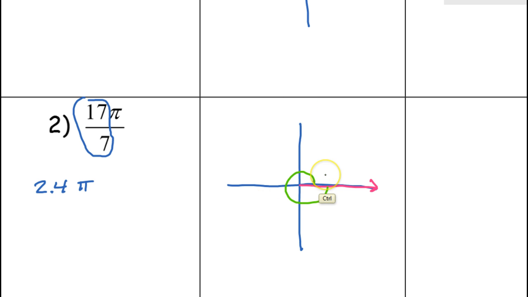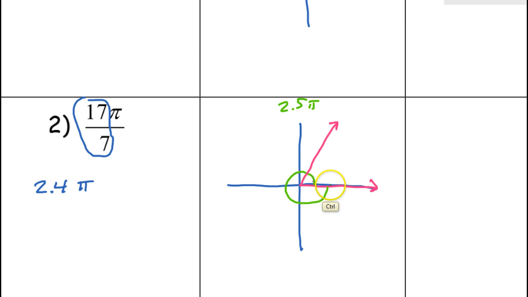So I've gone 2 pi. If I went another pi over 2, this would be 2.5 pi up here. So I want to stop at 2.4 pi, so I don't want to go that far. That means I'm going to be in the first quadrant. So I'm going to go ahead and draw my terminal side in the first quadrant.